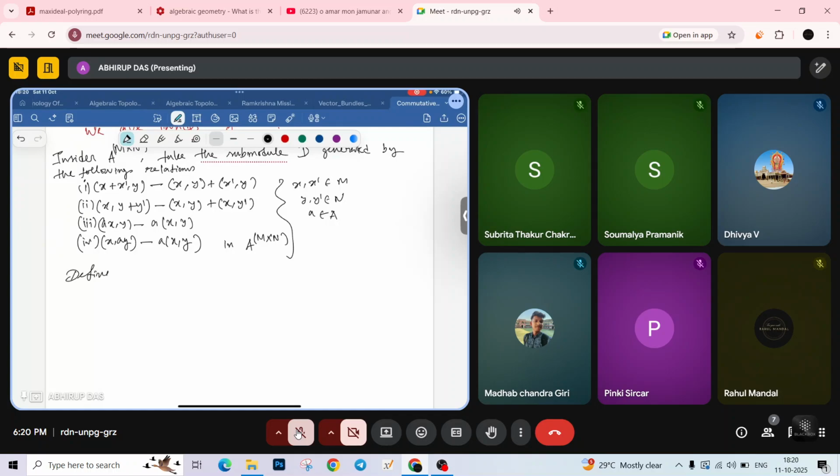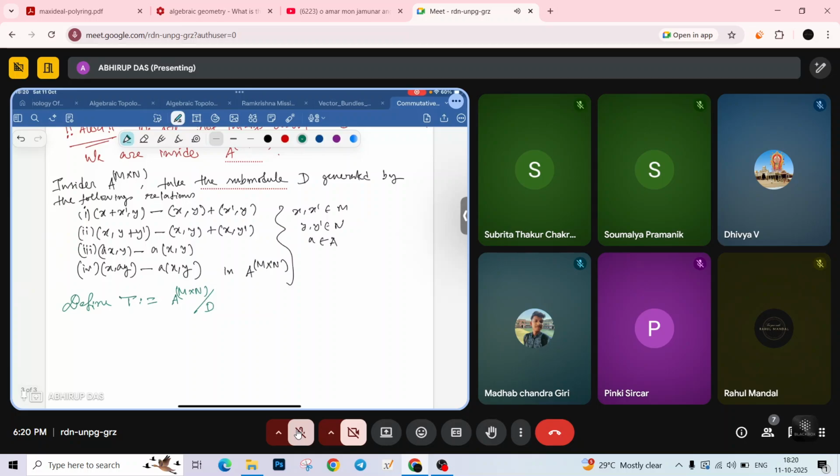Define T to be A to the power M cross N quotient D. Clear? So you see, in their image, we have the equality, right?